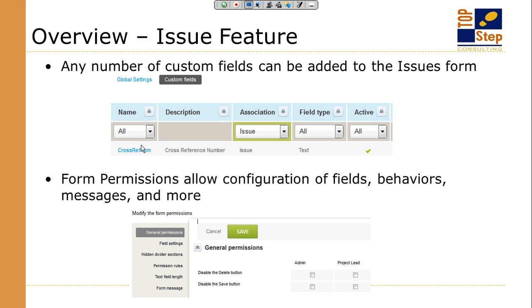You can add permission rules on the form so that, based on the values of certain fields, you populate the form in different ways, for example, or you require fields based on certain other values, limit lists, all those controls that are available on other form permissions are available in the Issues feature. So I can add fields, I can rename fields, there's email workflow associated with it, there's copy functions, I can customize the emails, I can conditionally send the emails, and I can review the data across project modules.